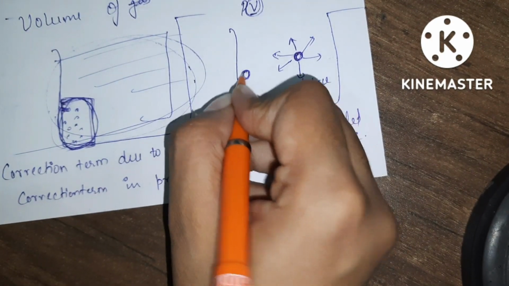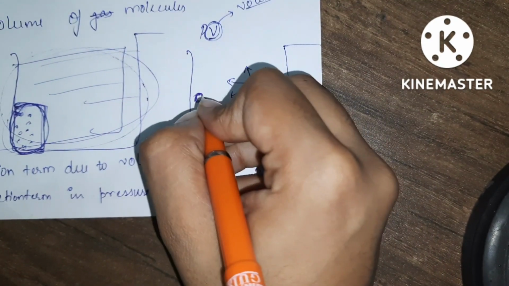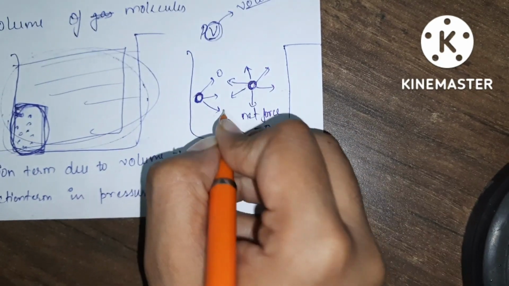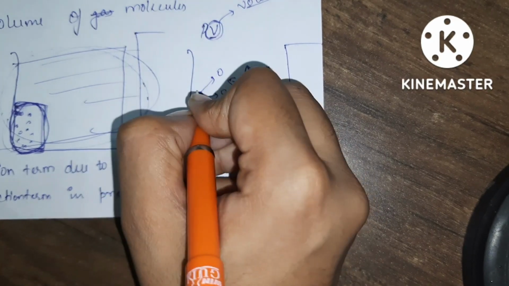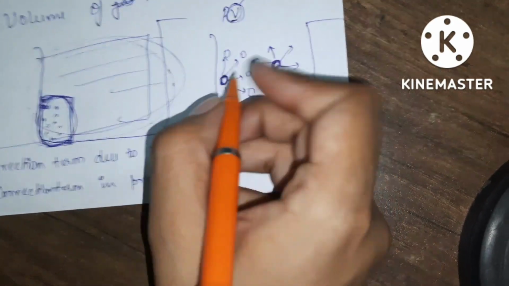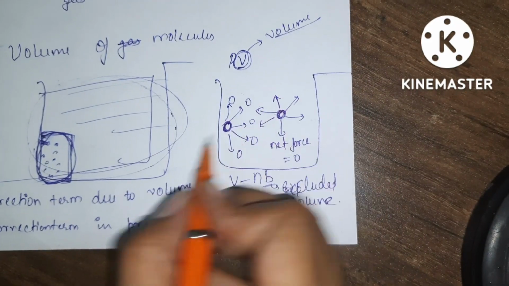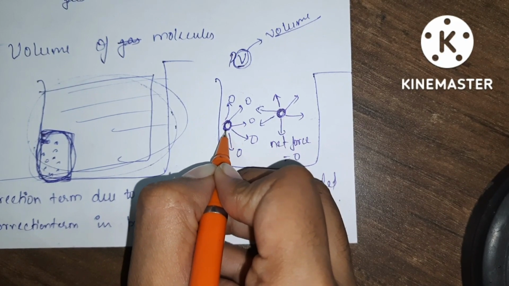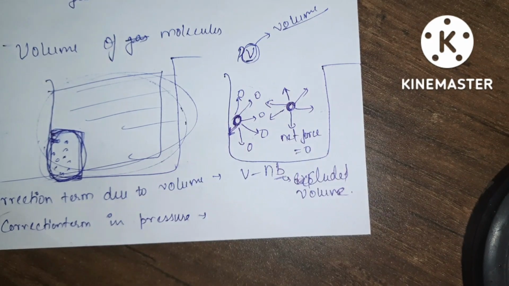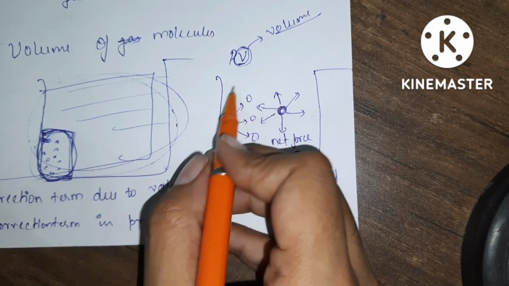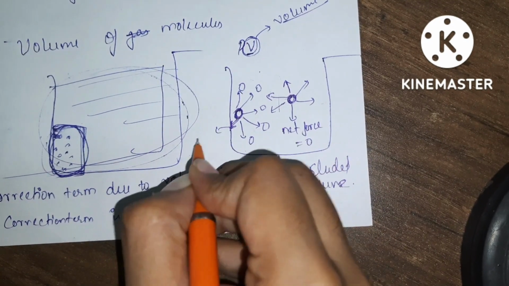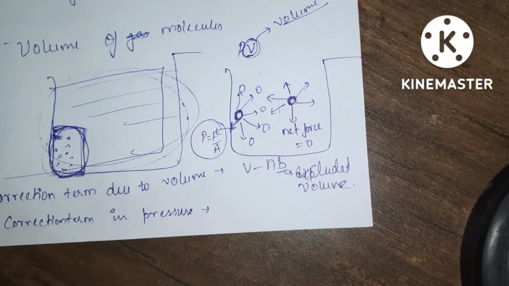But near the walls of the container, a molecule feels some attractive forces from the inward molecules. So there is somewhat less pressure than the ideal gas, because it is going to strike the wall of the container. First we considered that there are no attractive forces, so it gives the whole pressure, P equals force upon area.